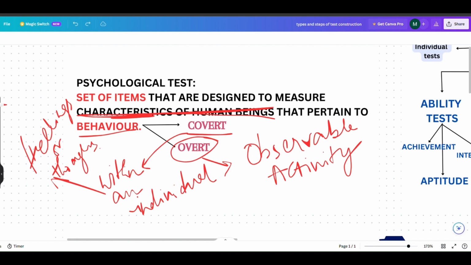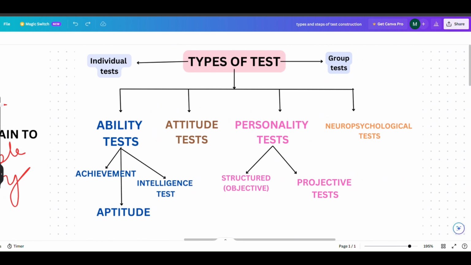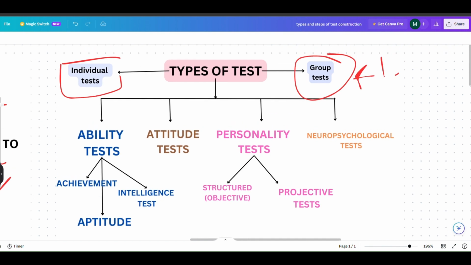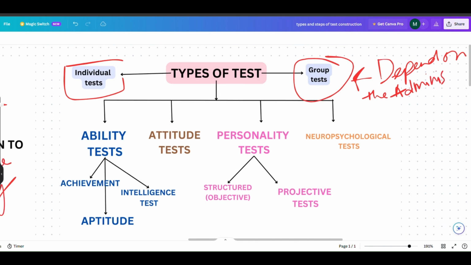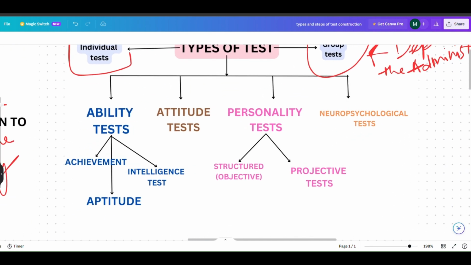So, now moving on to different types of tests in psychology mainly. Psychological tests can be divided into individual tests or group tests. These actually depend on the administrator. Administrator is someone, in fact, who is giving the test.